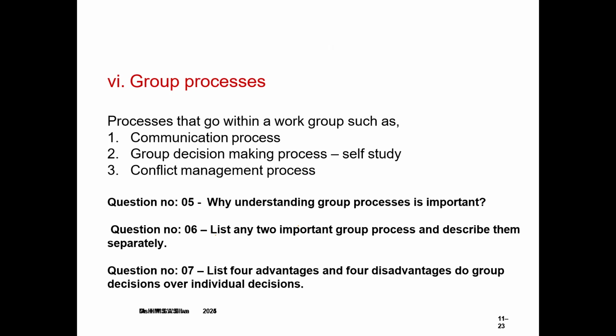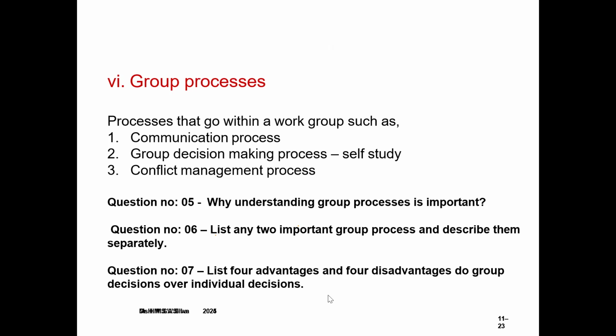List any two important group processes and describe them separately. I have given three group processes here, so you don't need to find another three. At least studying these three intensively is sufficient for your examination. Then list four advantages and four disadvantages of group decision over individual decision.